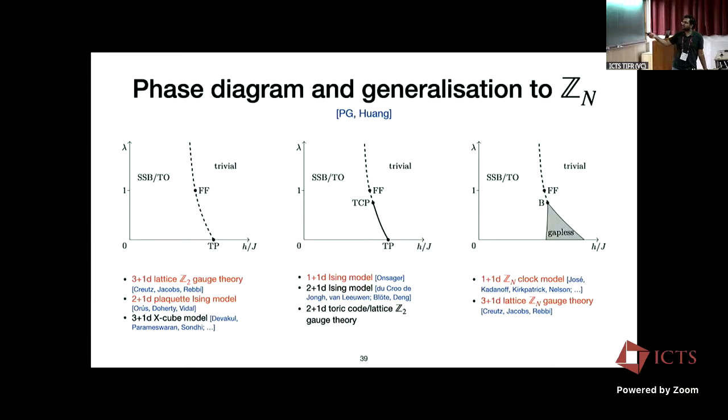In the 1+1D Zn clock model case, there is analysis done by Jose, Kadanoff, Kirkpatrick and Nelson. You take the c equal to 1 compact boson and turn on operators that preserve only the Zn subgroup of the U1 symmetry, and you can analyze the RG flow and all that. Then you get this phase diagram here. I don't know if there is an equivalent analysis in 3+1D, starting with Maxwell and turning on, what would you turn on?